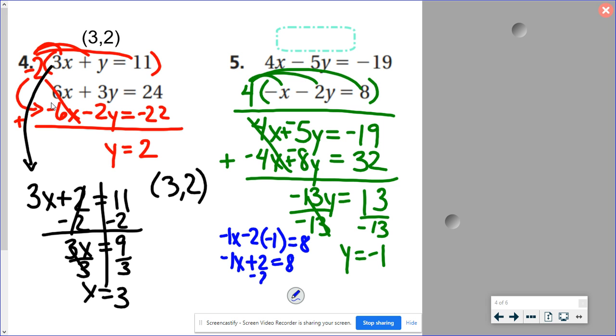So to solve this, I would move the 2 over, and I have -1x equals 6, and divide. x is -6. So my ordered pair, x and then y, is -6, -1.